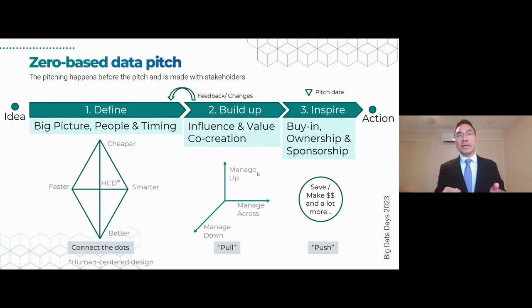And the business value is not just about yes or no; it has to bring what I call the appealing part of your idea: better, cheaper, faster, smarter. If you can go through those four key points and tick them off, every single business leader will spend time with you, guaranteed. And then the key part, human-centered design, is the icing on the cake. It is where you win the heart and the mind of the wider audience, not just the decision maker.